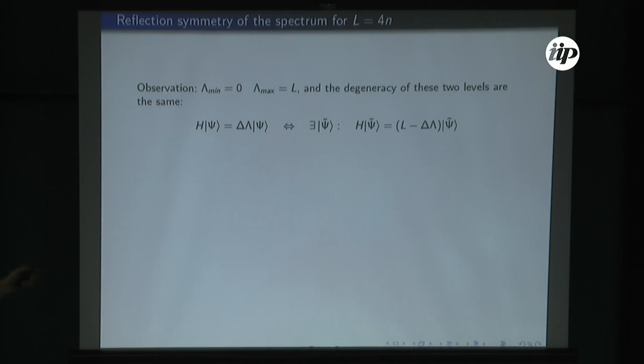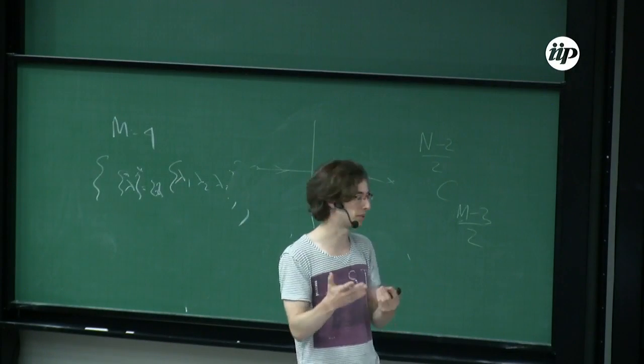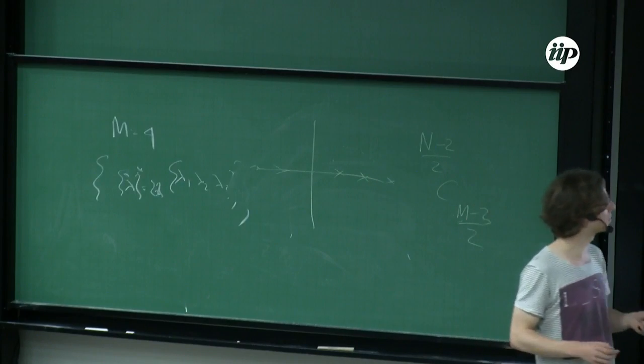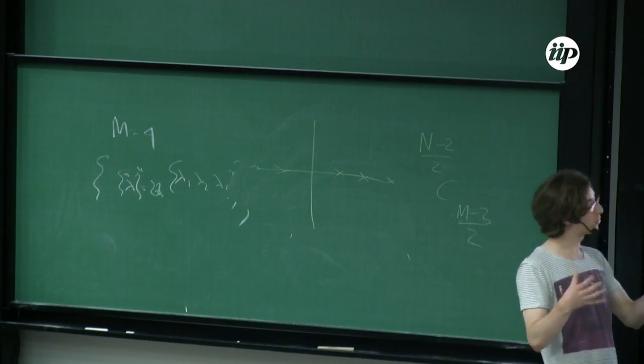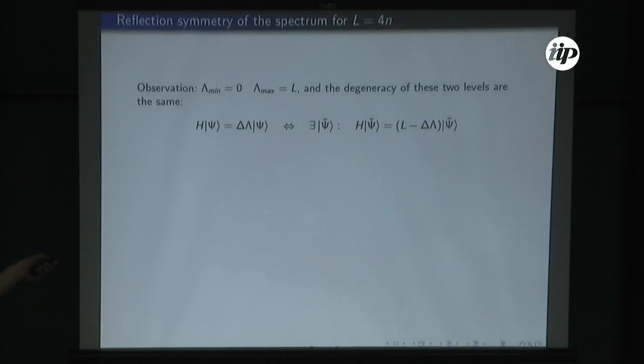And I think I forgot to say something. Of course, I always considered even system size, because otherwise, with periodic boundary conditions, the role of odd and even domains would have been mixed. I think I didn't emphasize it. Now, I make that even more restrictive by looking at L equals 4n.